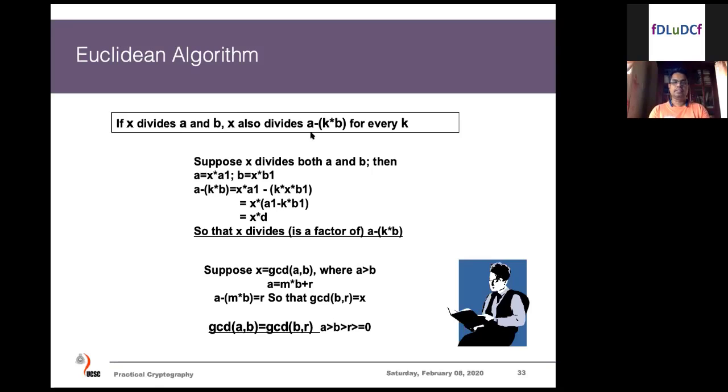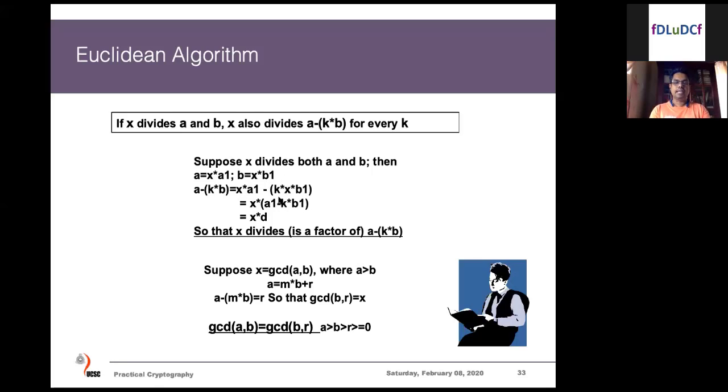How do we prove that? Let's take a minus k multiplied by b. Let's replace a with x multiplied by a1, then minus k multiplied by, replacing b with x multiplied by b1.